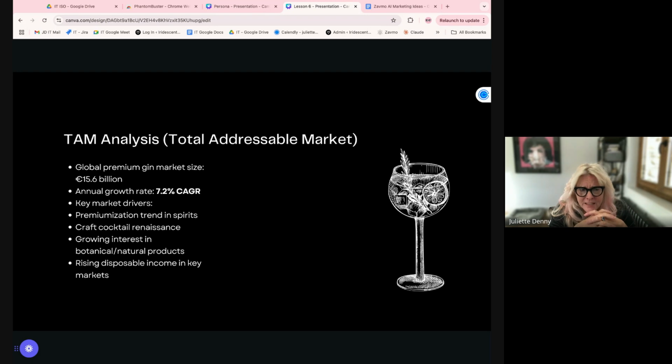Is 7.2 a good tracking medium for that market, or is it down against last year? Obviously if it's down against last year, then that's not great. But you want to be looking at the overall annual growth rate. For the gin market on a global basis, it's been going at 7.2%, which is pretty damn good.